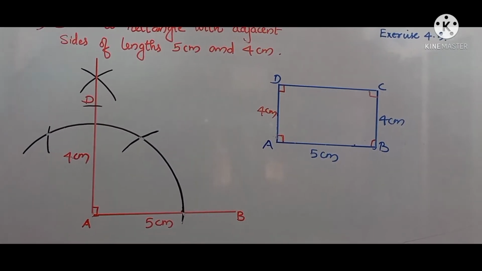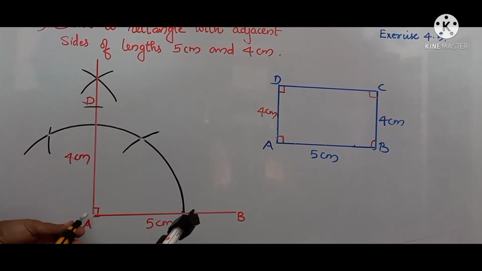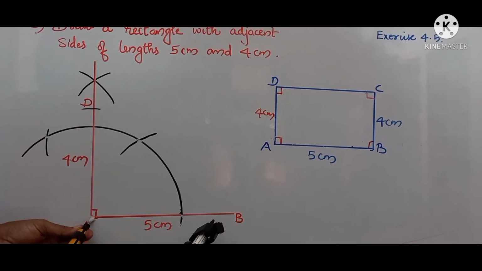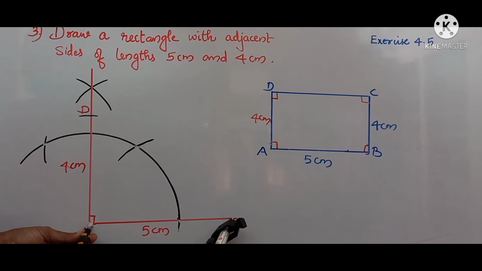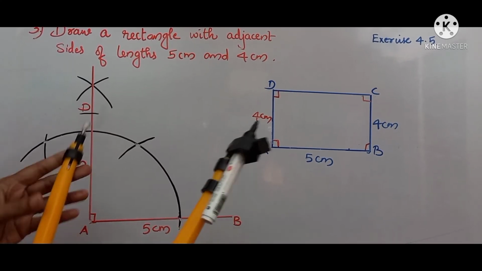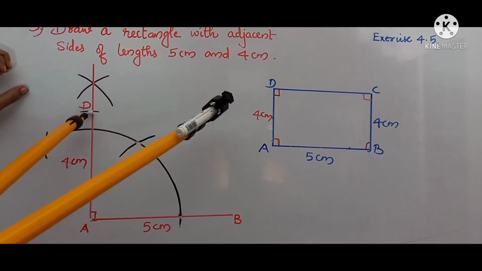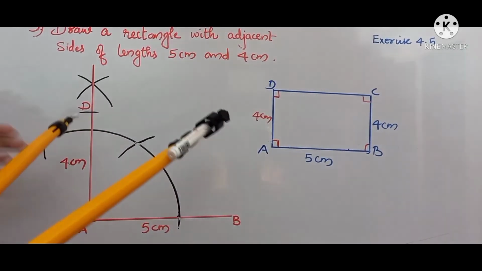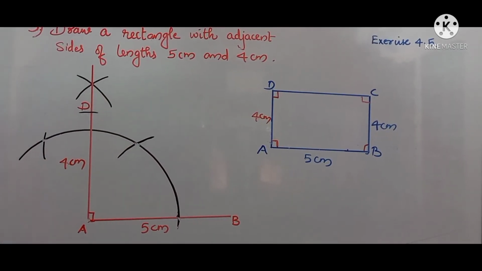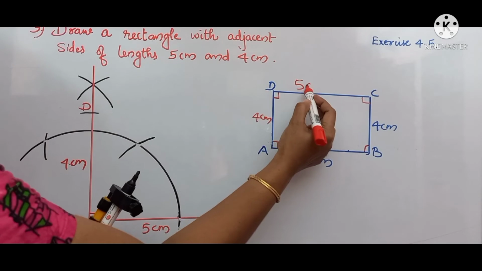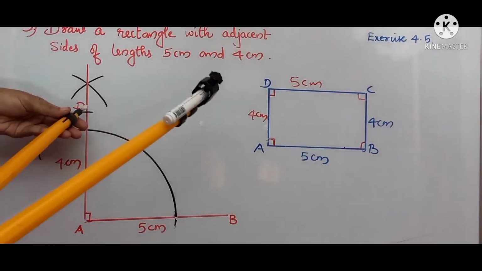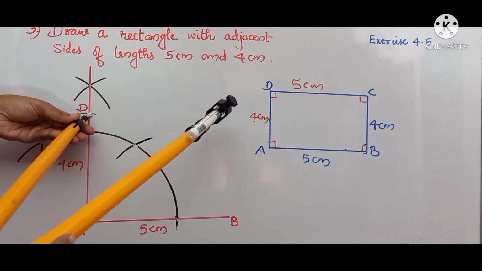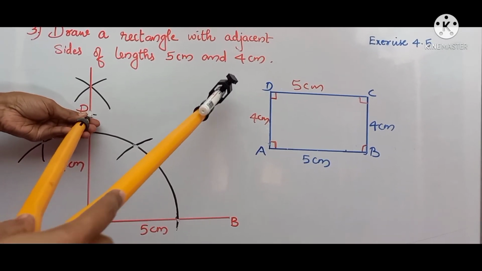And next step, we have to take that AB, or 5 centimeter, as compass width, pointing on D, because opposite sides are equal. Here it is 5 centimeter, and pointing on D, draw an arc.